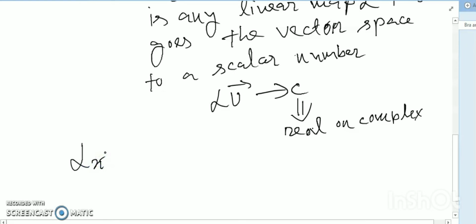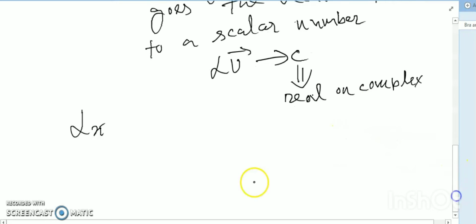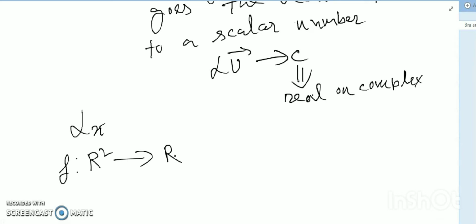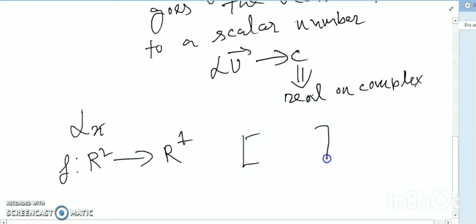So our function is Lx from R squared to R. We know Lx takes us from two dimensions down to one dimension, so we know we will have a 1 by 2 matrix.